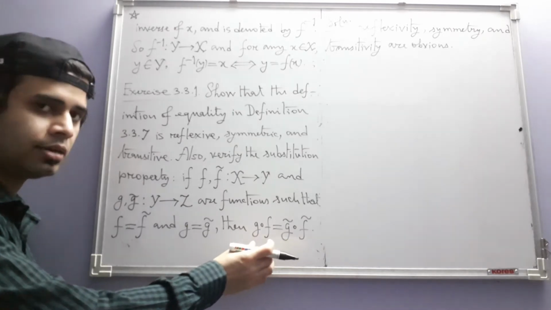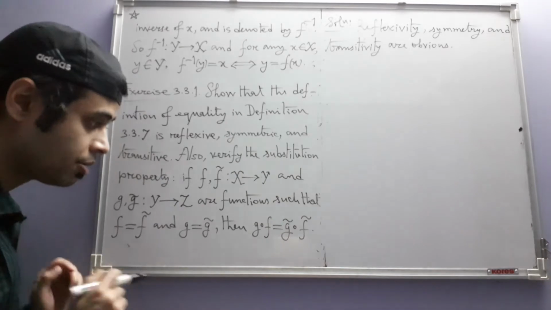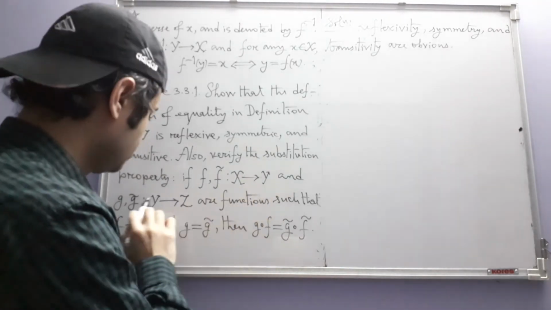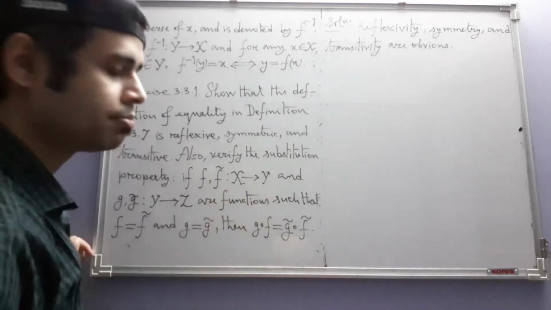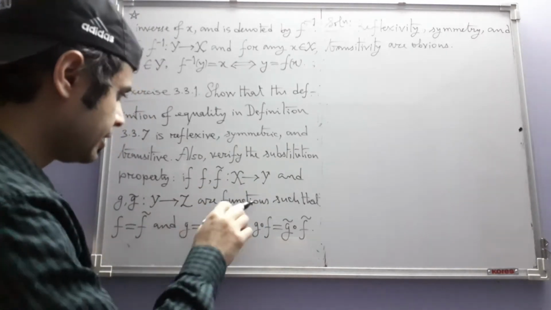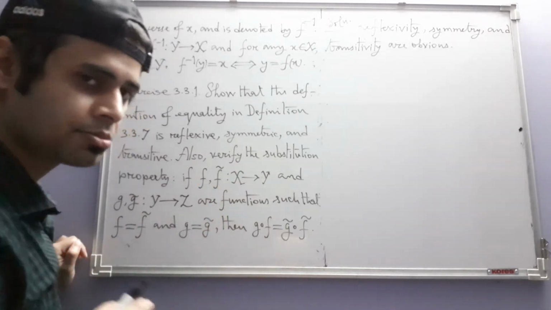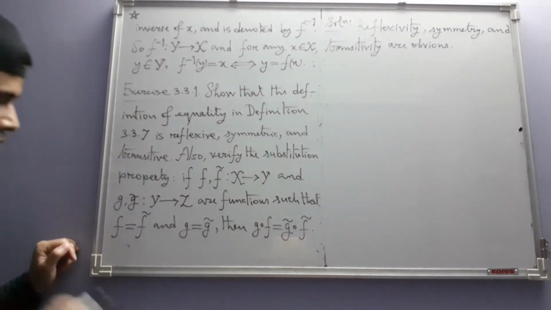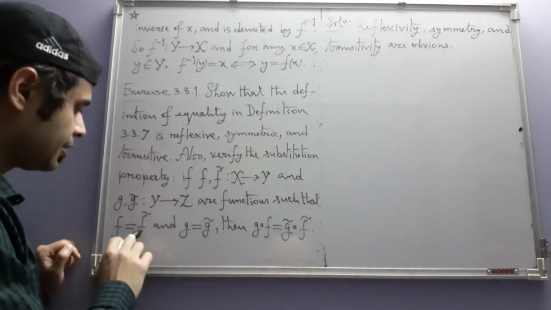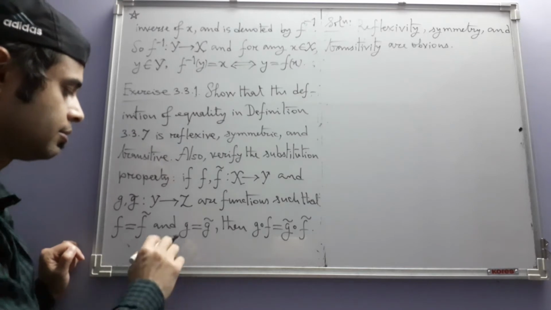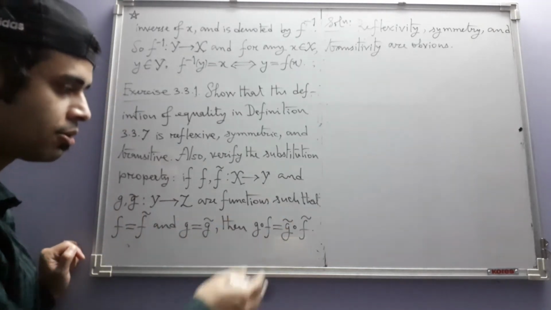G composition F and G tilde composition F tilde, they make sense because the domain of G is equal to the range of F. Here also, again, the domain of G tilde is equal to the range of F tilde. So the compositions make sense. But additionally, we are also given that according to this definition, F and F tilde are actually equal. And like that, G and G tilde are equal. Then the compositions must also be equal.